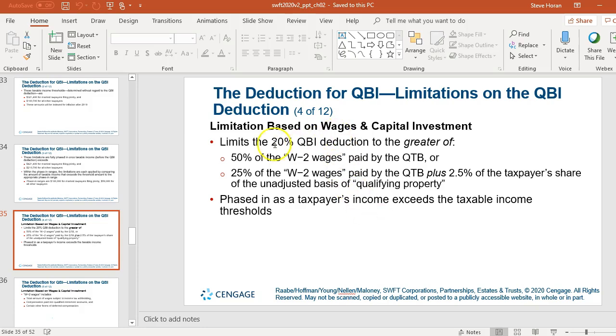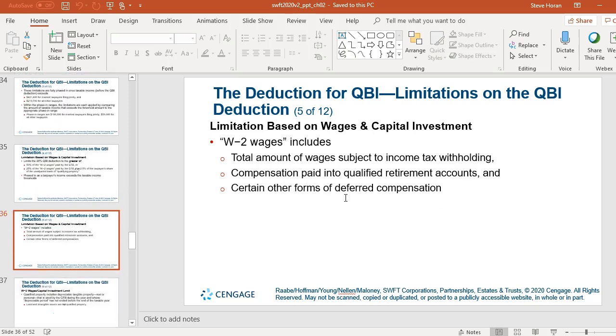And then also, the limit to the 20% QBI deduction is the greater of 50% of your W-2 wages, or 25% of your W-2 wages paid by the QTB plus 2.5% of their share of unadjusted qualifying property. Okay, and it's phased in, and we'll do some problems.